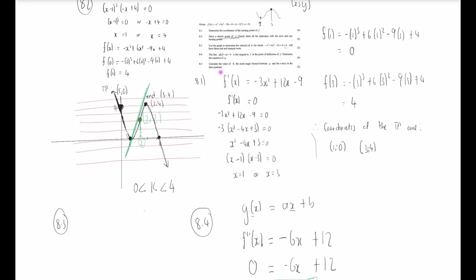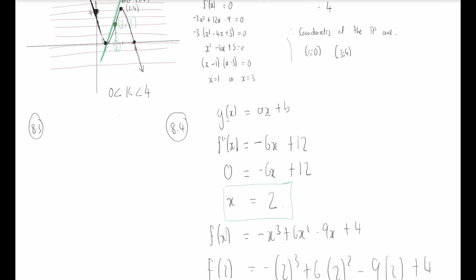So we can find the gradient at the x value of 2, and that gradient is going to be the gradient of the graph of g, because g is a tangent at the x value of 2.